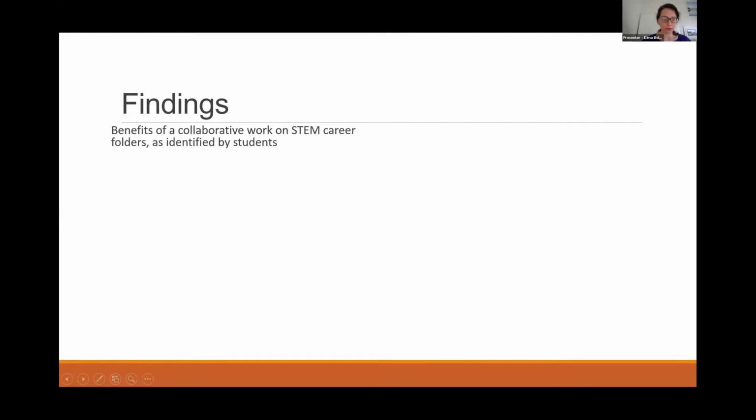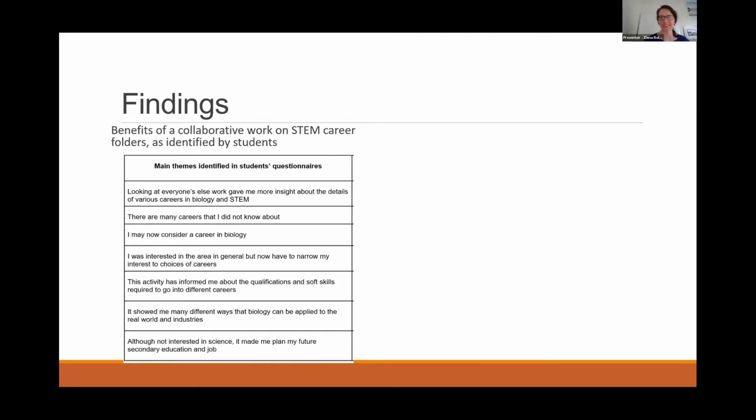Here I wanted to show some of the findings, because as I said, we're still in the process of analyzing our data. Some of the findings related to the collaborative work on STEM career folders as identified by the students. First of all, students identified the following main themes.